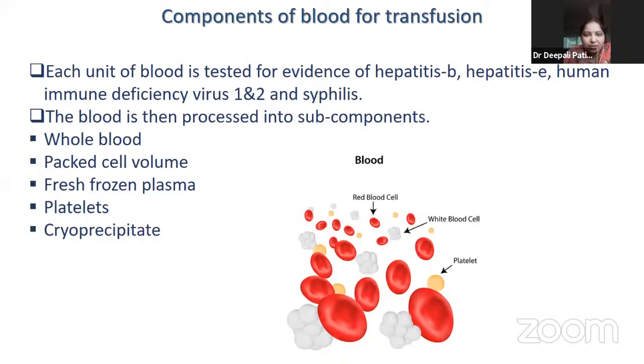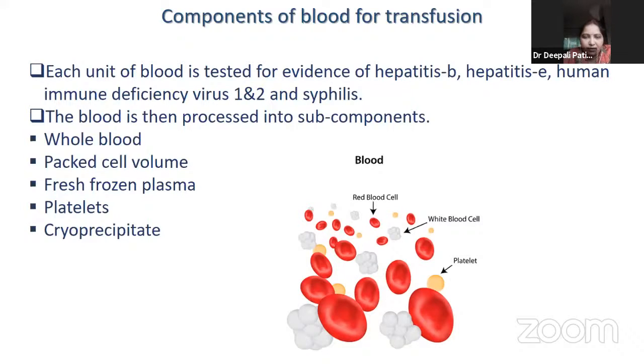Each unit of blood is tested for evidence of hepatitis B, hepatitis C, human immunodeficiency virus 1 and 2, and syphilis. The blood is then processed into subcomponents. First is the whole blood, then packed cell volume, fresh frozen plasma, platelets, and cryoprecipitate.